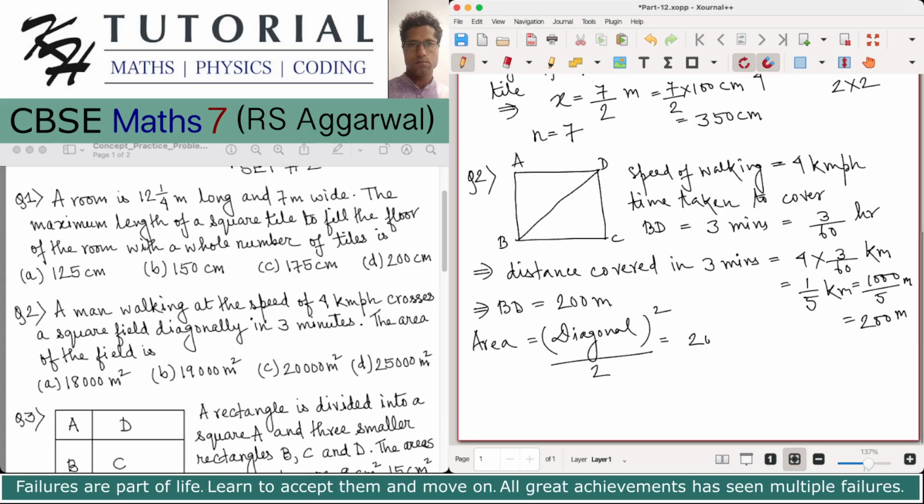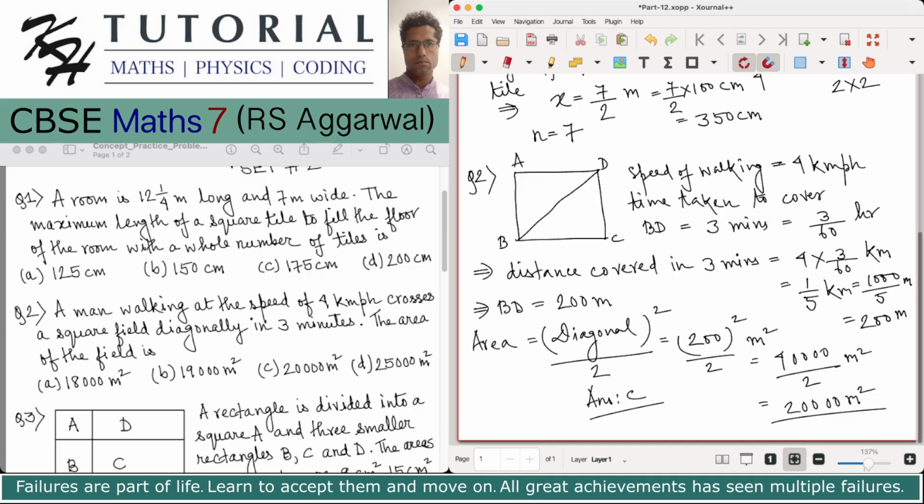So this will be 200 square by 2 meter square, which is equal to 40000 by 2 meter square, which is equal to 20000 meter square. So 20,000 meter square is the area of the square field. So the correct choice is C.